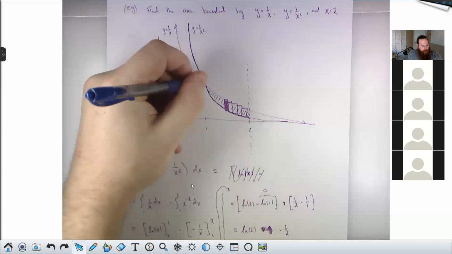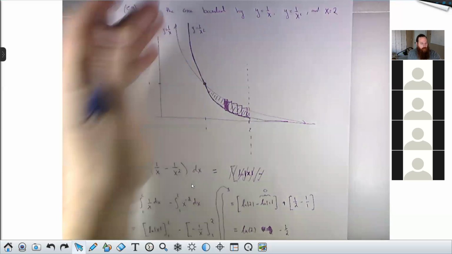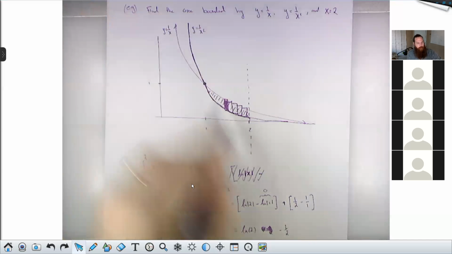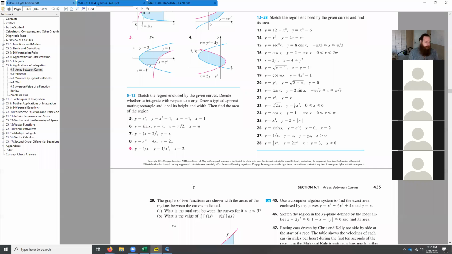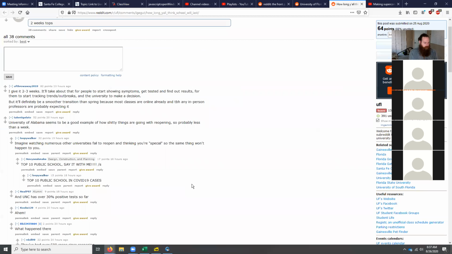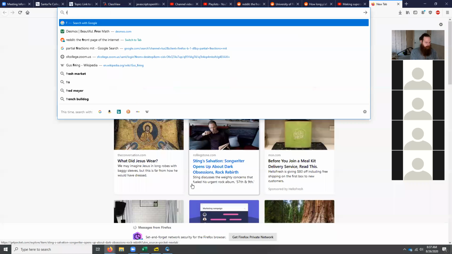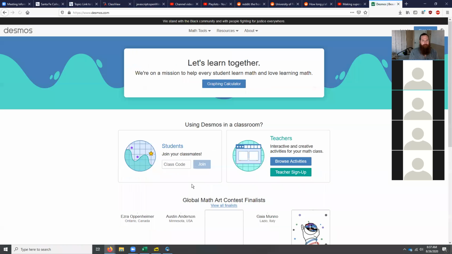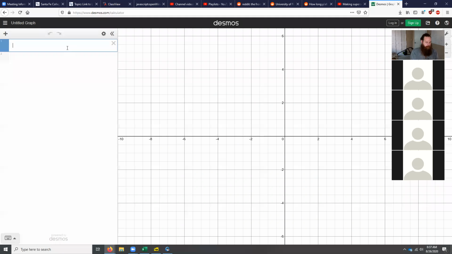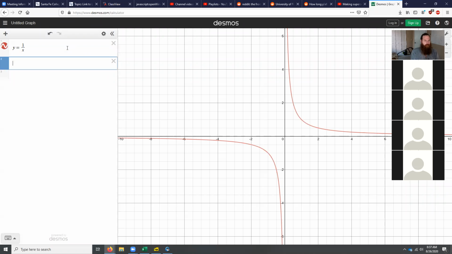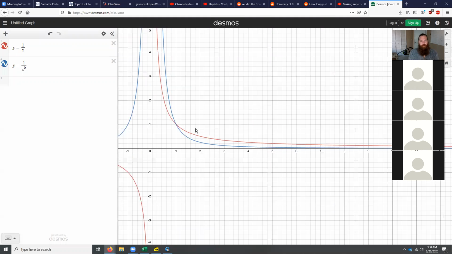You need to know, for example, that the 1 over x squared graph starts out above 1 over x and then comes down below 1 over x. Those are the sort of things that you can develop intuition for by playing around in Desmos, and you should do a lot of that. So if I didn't know off the top of my head what those graphs look like, I would come in here and just do this. And then I would zoom in over here.